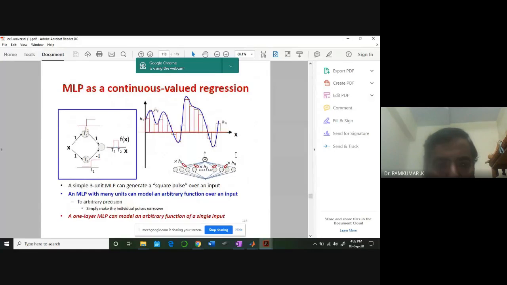Can you see it now? Yes, sir, now you can see very clearly. So for fitting a curve also we can go for this.